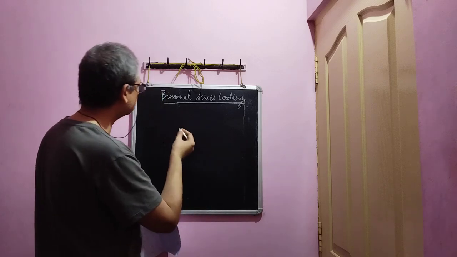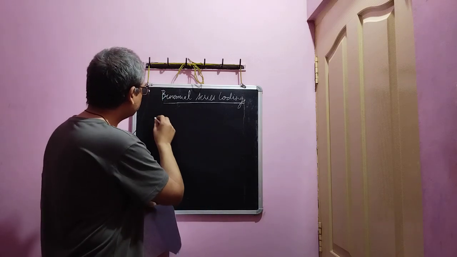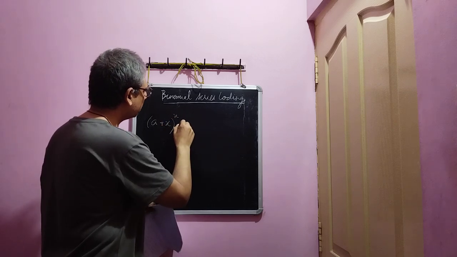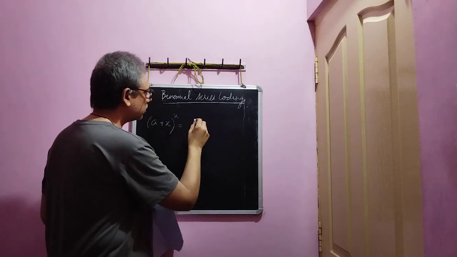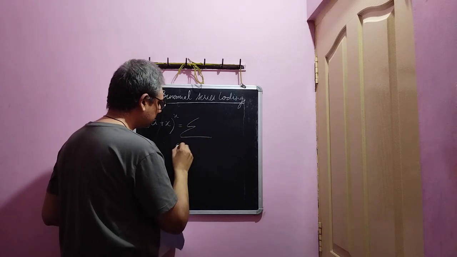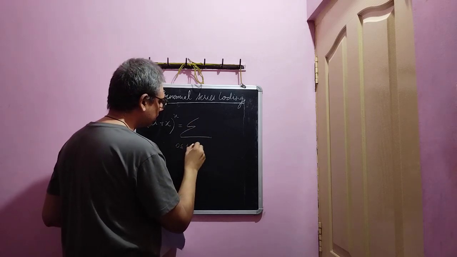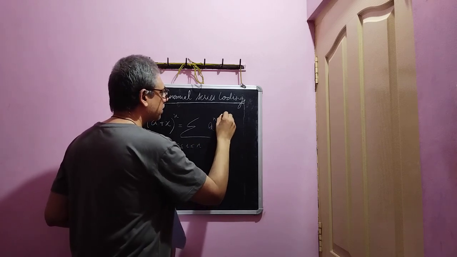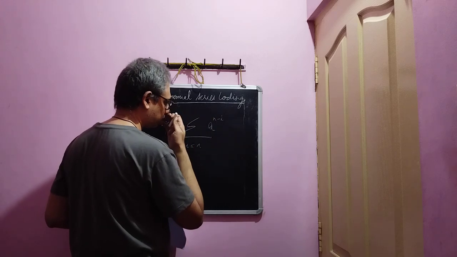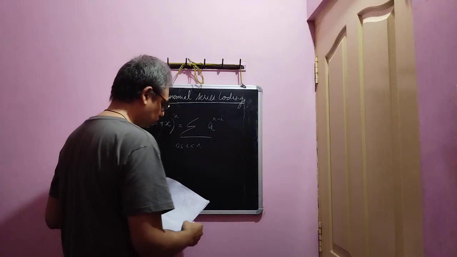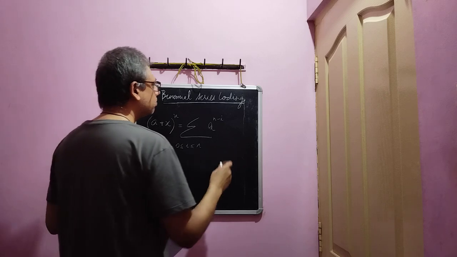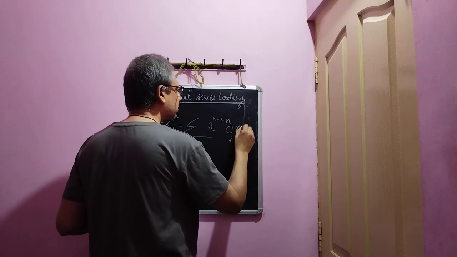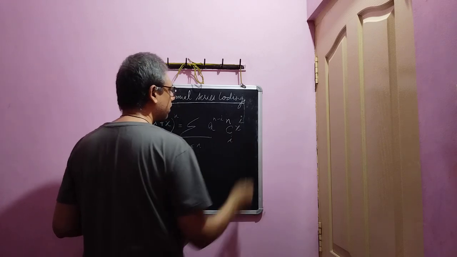Just to refresh the viewer's memory, the binomial series is (a plus x) whole power n equal to summation, 0 less than or equal to i less than or equal to n, a power n minus i times nCi x power i.